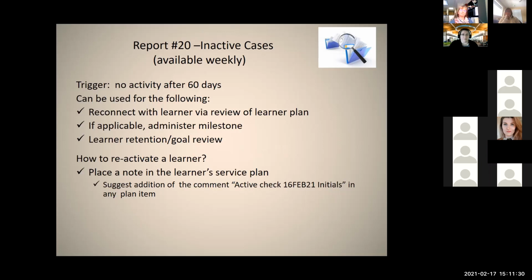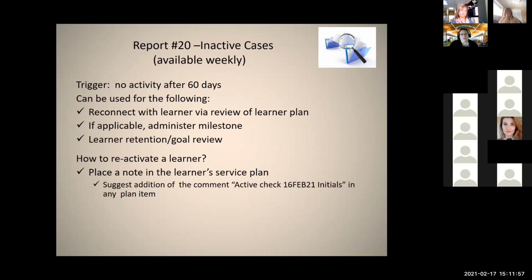Sometimes it's just a case they forgot to send it to you, which has happened to me, especially since we've closed down and they're not handing those paperwork in. There's been a few times where I've had teachers just forget to send it to me. They have it done. They forgot to send it. So that's where the inactive listing helps out with that. It's basically almost like a poke to you to look at this person, make sure everything's okay.